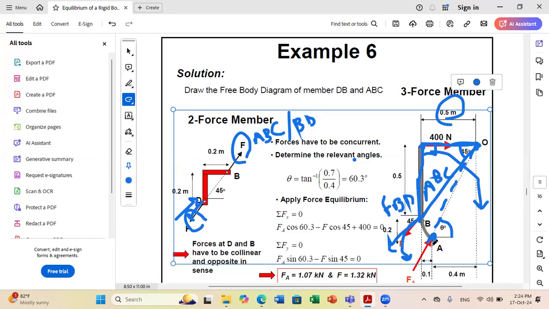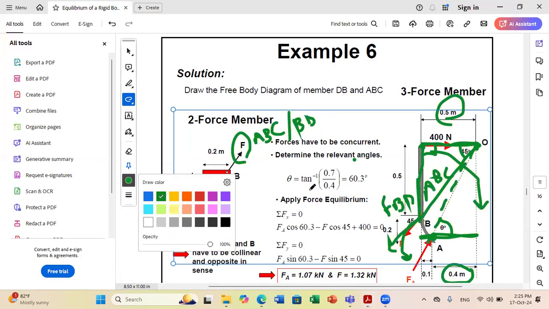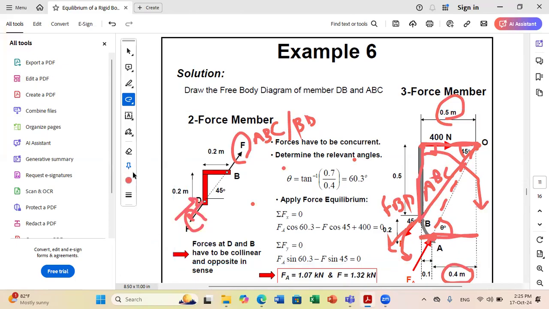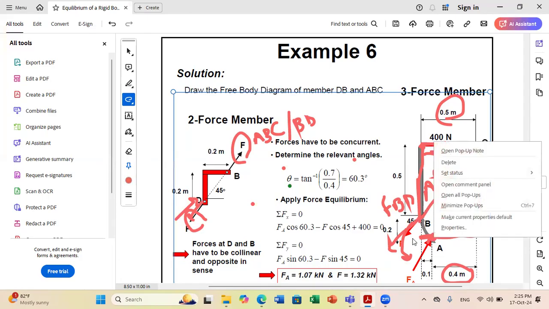And according to our figure, A is situated at 0.1 meter from this line. So from A to O, this distance here in the horizontal direction is 0.4 meters. And concerning this distance here, if I consider now this distance, it is the summation according to my figure.